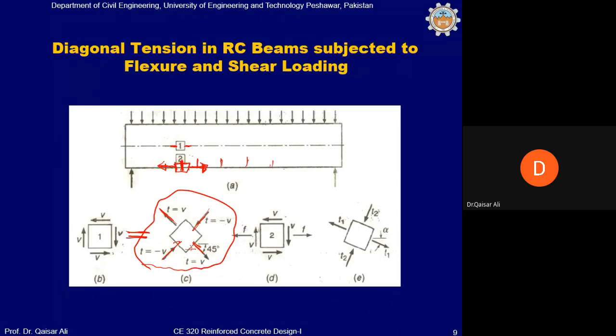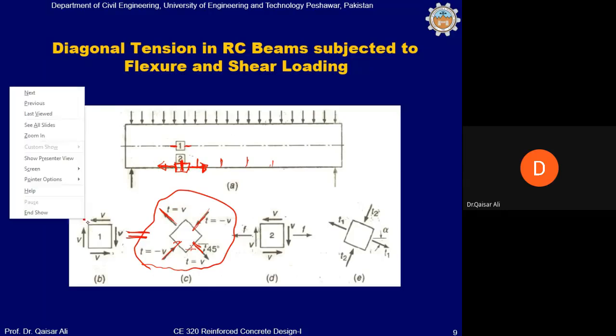Now you look at the element 1, which is shown in figure B. Okay, look at the element 1. The top left corner of element 1 will be moved to the left and up, upward and to the left. Upward and to the left means it will be somewhere here. Correct?